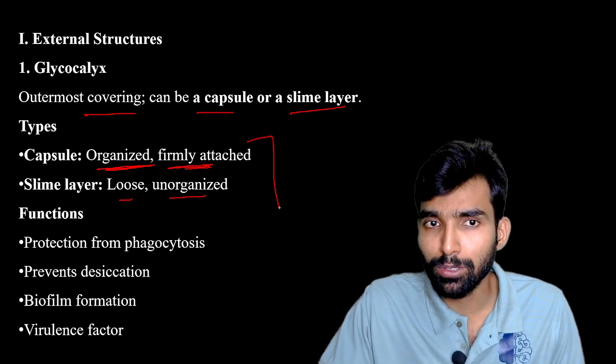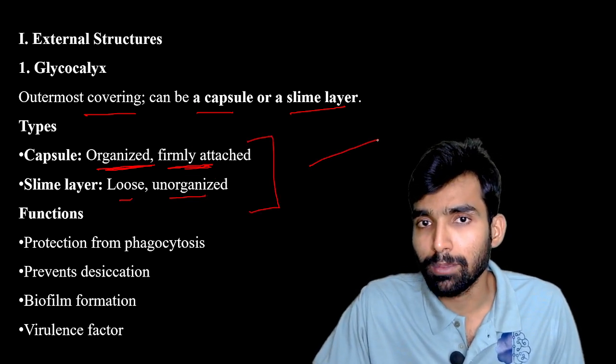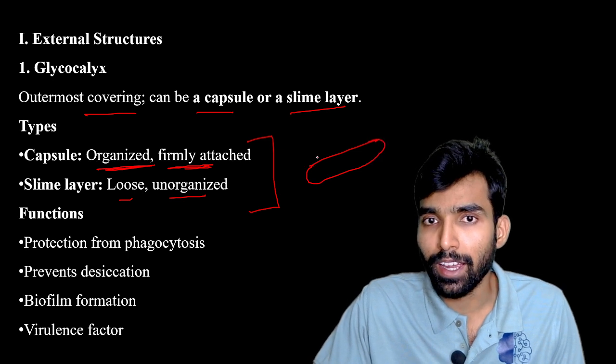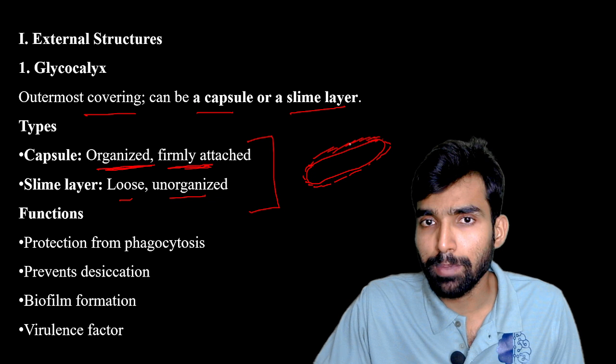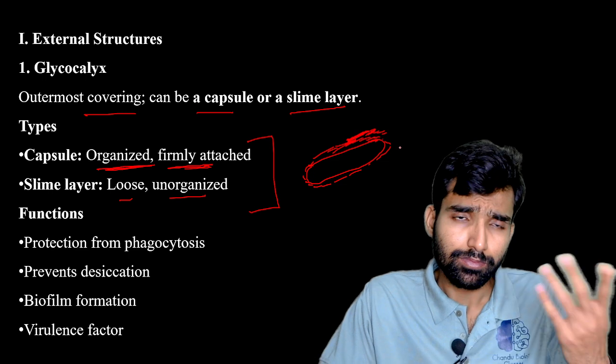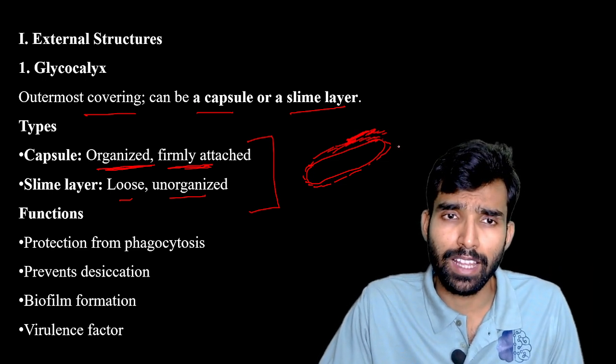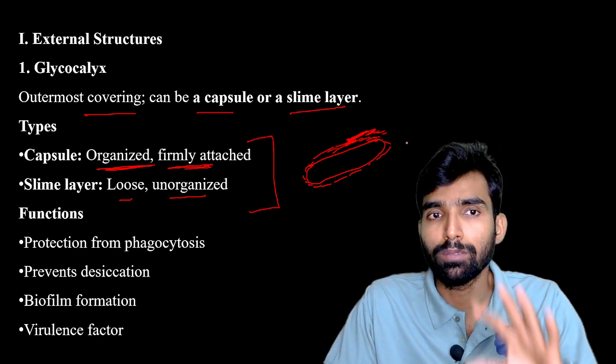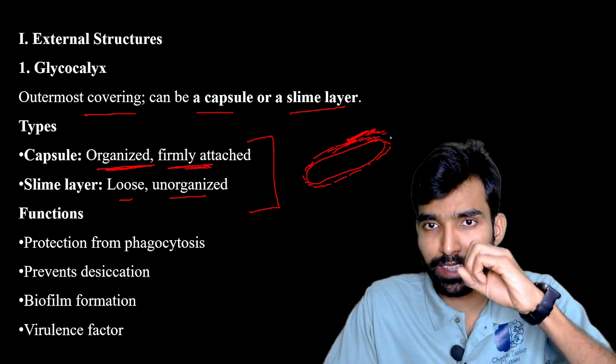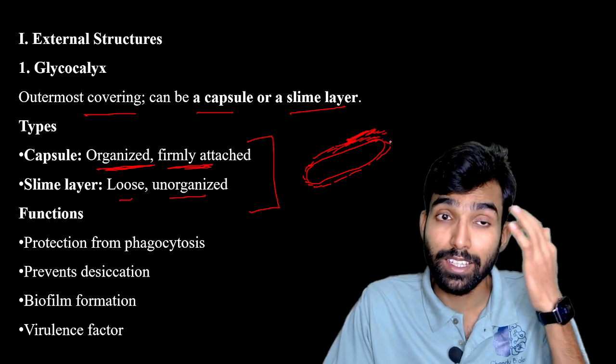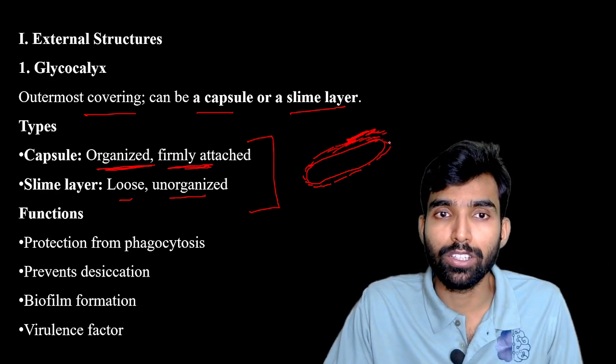So the main difference between capsule and slime layer: let's say this is the bacteria and that's the peptidoglycan, and above the peptidoglycan there is a slimy layer made up mainly of carbohydrate, right? That's called the capsule or slime layer. The main difference is the capsule is more organized and densely packed, while the slime layer is loose, not properly organized.